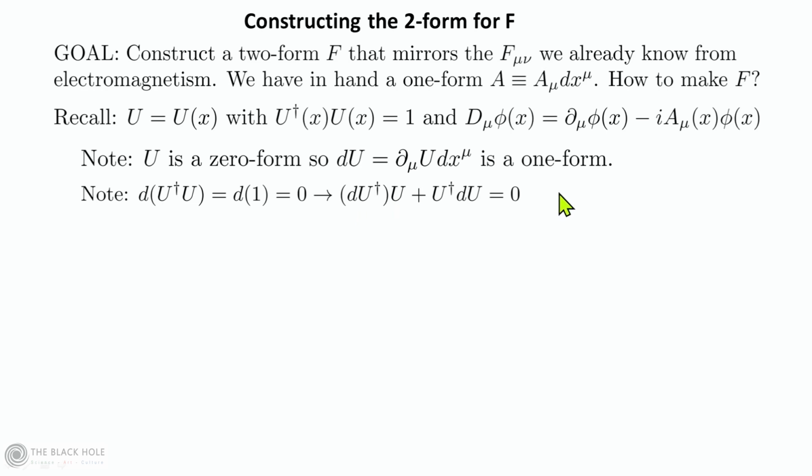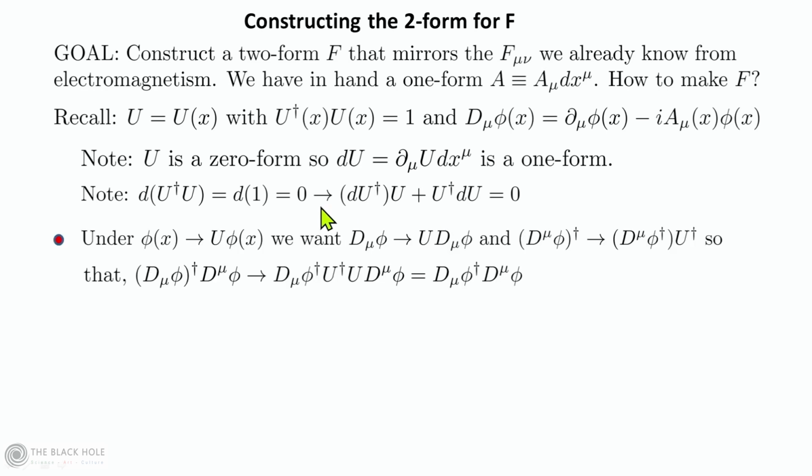And remember that I could take this d across over here without any change of sign because U is just a function. A matrix, but it's a function. Okay, so what is it that we want?